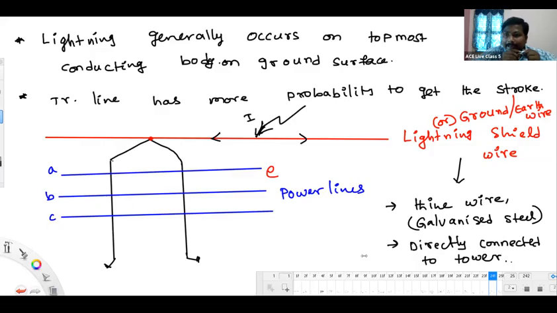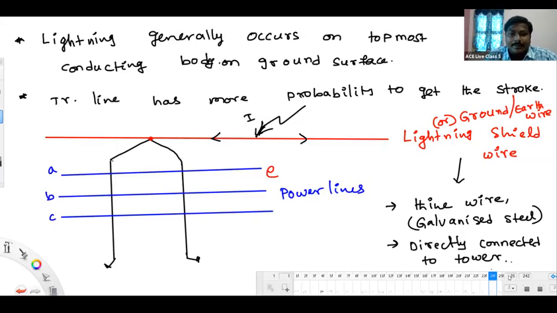So we have two types of lightning over voltage now. One, direct lightning over voltages. Second one, indirect lightning over voltages. I think all of you are getting my point. Is it okay? Yes. Okay.